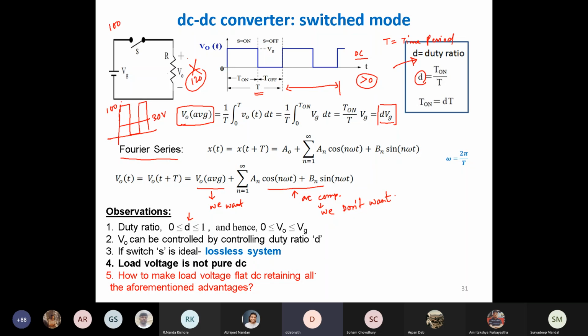Okay. So those who have studied Fourier series, if you remember, if this signal has 1 kilohertz frequency, just an example, this T, 1 by T is F, F is frequency, is 1 kilohertz. Let us assume, okay.